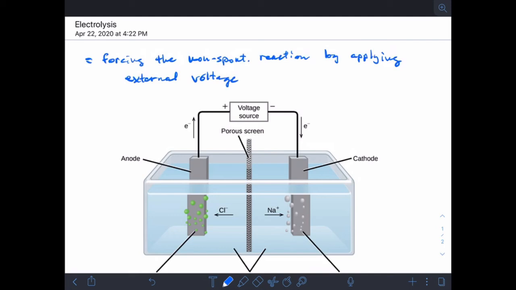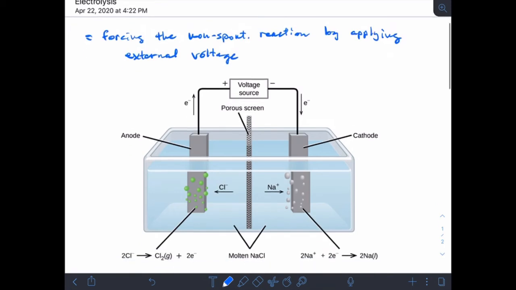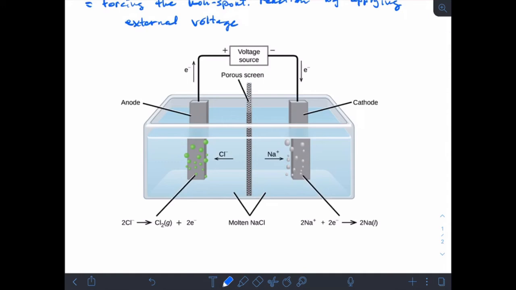Okay, but talking about the cell that we've got here, it is an electrolytic cell. Notice that it has an external voltage source that's going to cause the non-spontaneous reaction to go. And it's done in a molten salt, and molten salt electrochemistry is really fascinating and very useful because there are a lot of desirable reactions that you can't do with water.